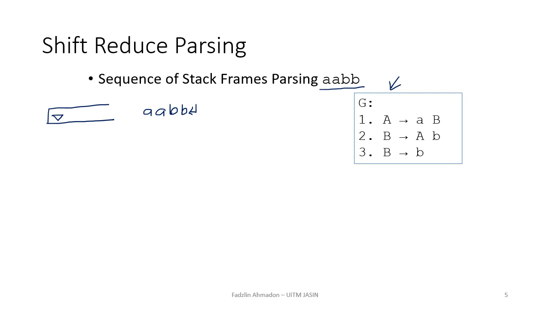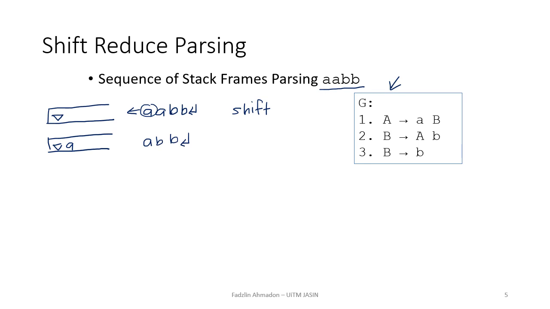So what we're going to do is a shift operation, and the first input, which is A, will be shifted into our stack. So we will have A here, and then our input is left with A, B, B, and marker.